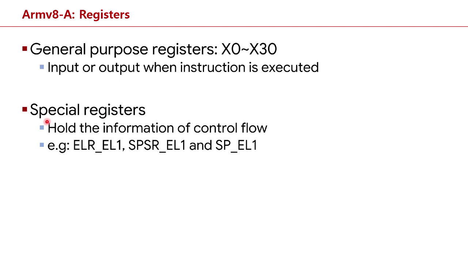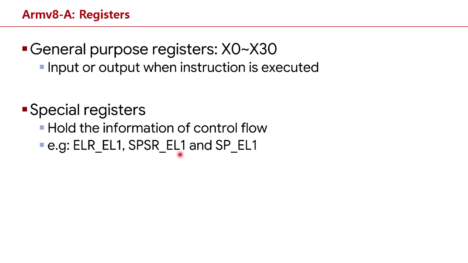And another type of register is special register. Special registers contain information about the control flow of the process. Examples of special registers are the exception link register ELR-EL1 and the SPSR-EL1 register. These registers contain information about the exception.